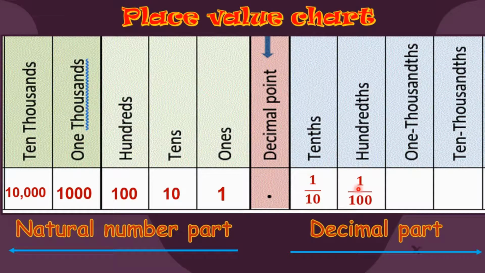The third place after the decimal point is the thousandths place and its place value is 1 upon 1000. The fourth place after the decimal point is the ten-thousandths place and its place value is 1 upon 10,000.